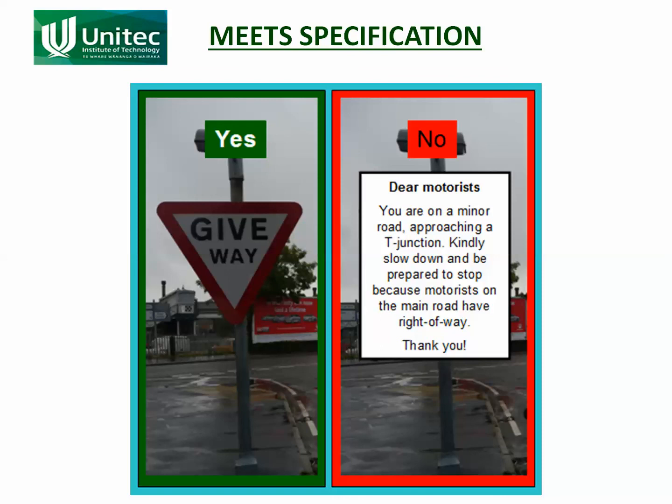So in this case, the project specifications were not just to provide a sign to tell motorists to give way. It was that the sign should also be very quick and easy to understand and read. And you can see that the one on the right fails that requirement quite significantly. The one on the left doesn't.